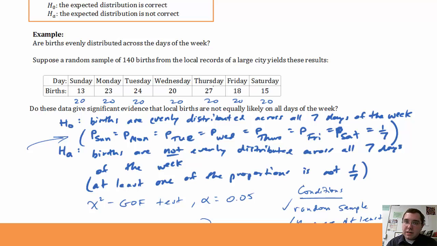So it's not always 20. Is that difference between what I expect, which is 20 for every day, and what I actually got, which is not always 20, is that difference enough to say that these births are not evenly distributed throughout the week? And that maybe there's a day like Thursday when they're more likely to be born, or a day like Sunday when they're less likely to be born.